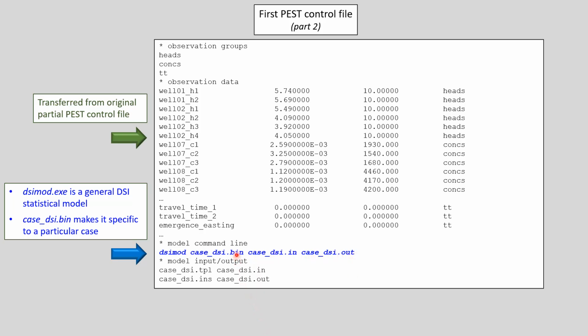The first of these arguments is the name of a binary file which makes the DSI statistical model specific to our case. This contains the square root of the covariance matrix that we discussed previously. This is a text input file which contains the current values of PCA parameters. This is an output file which contains model generated or DSI model generated counterparts to field observations and predictions.